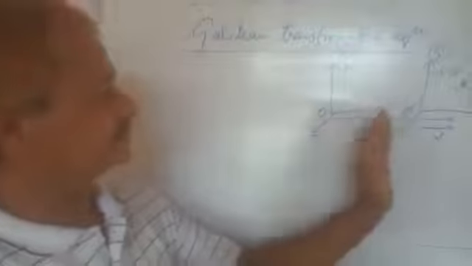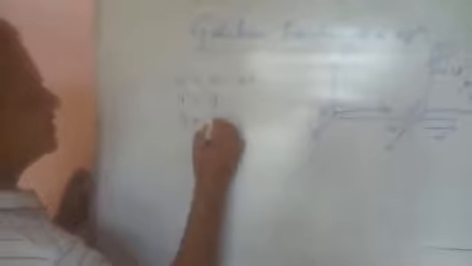Suppose for simplicity, for simple calculation, the frame S dash was moving along X direction only. Then what were our equations? The transformation equations were X dash equals X minus Vt, Y dash equals Y, Z dash equals Z, T dash equals T. So these were Galilean transformation equations.